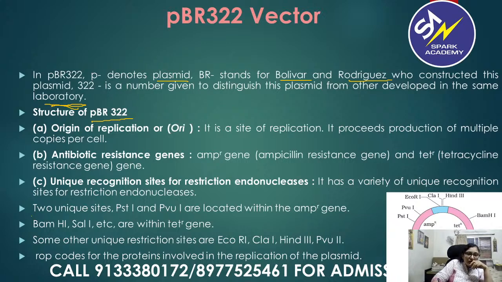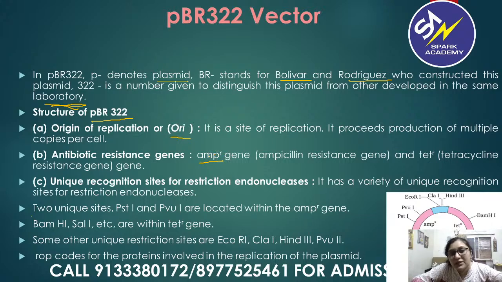So what is here in PBR322? Structure of PBR322: there is the ori site, also known as origin of replication, from where replication starts. Then it has marker genes, known as antibiotic resistance genes: ampicillin and tetracycline resistance genes are present in PBR322.